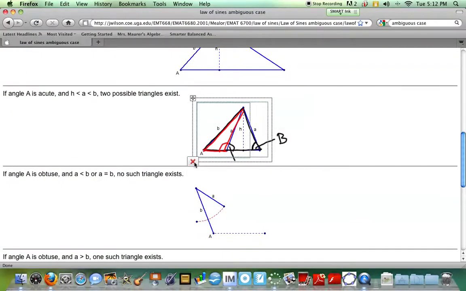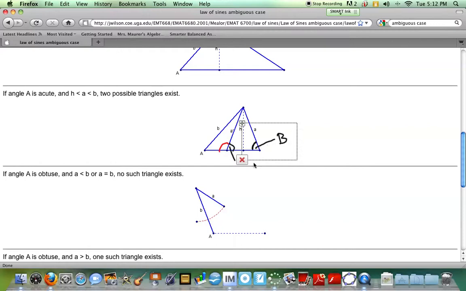So this is our original triangle. This leg gives us the original triangle, but when we swing it, it's got just the right distance so that it can form another triangle.